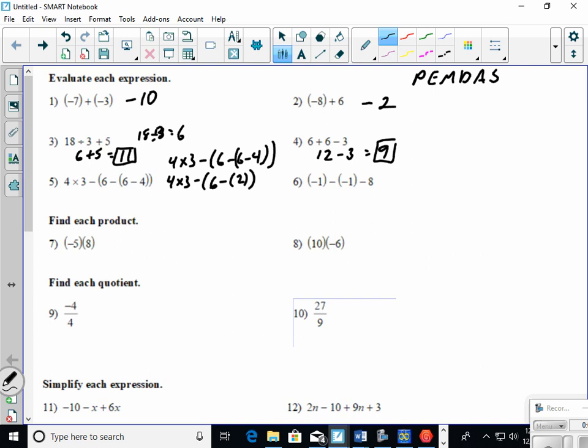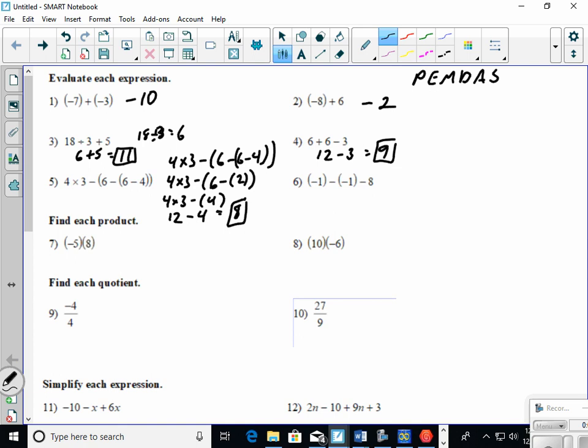Then we can do 6 minus 2, which is 4. So now we have 4 times 3 minus 4. Do the multiplication first: 4 times 3 is 12, minus 4 is going to be 8.